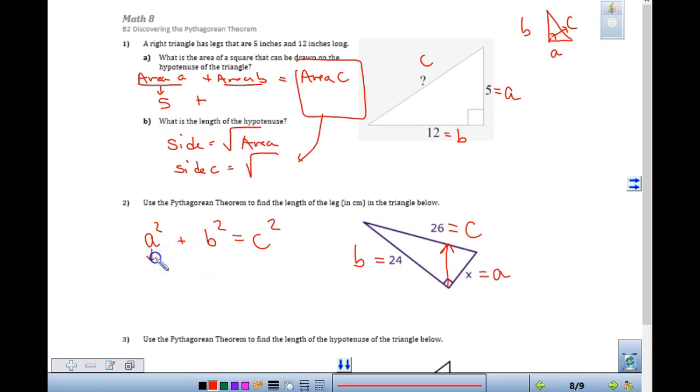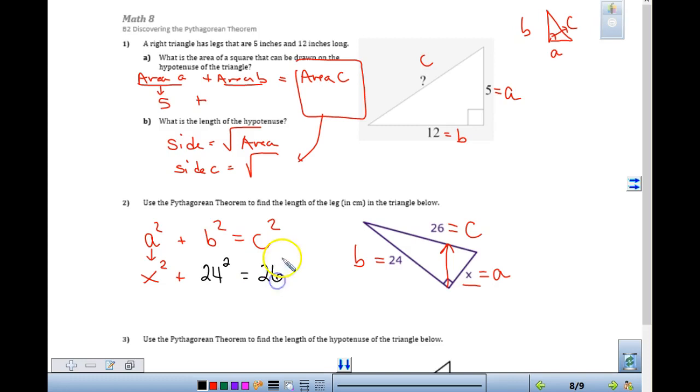What is the same as our A in this picture? X. So we're going to write X squared plus, what is my side length B? 24. You will be using your calculator because you didn't have to memorize 24 squared, right? Equals, what is side C?